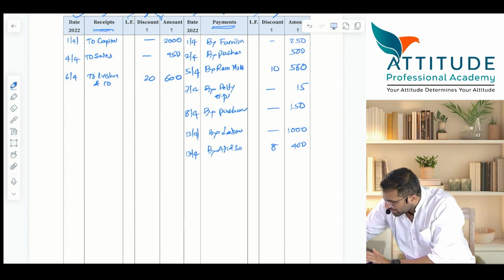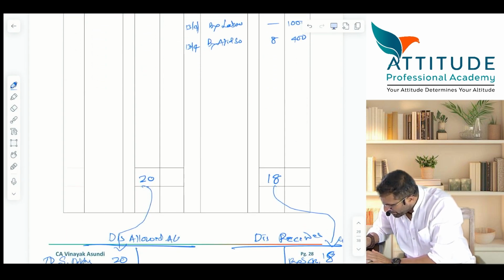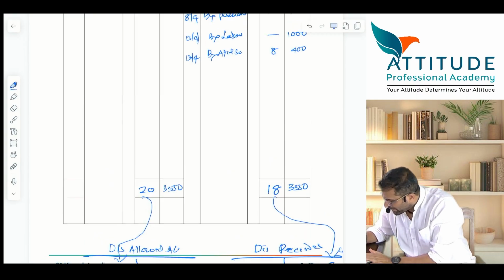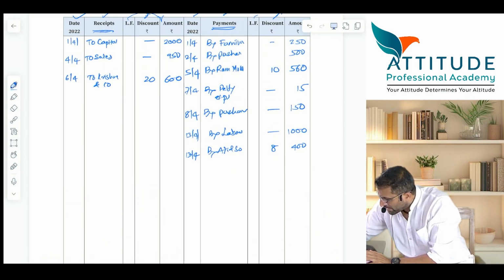2600 plus 950, how much is it? 3550. Here also 3550. Minus 250. 1060. 675.